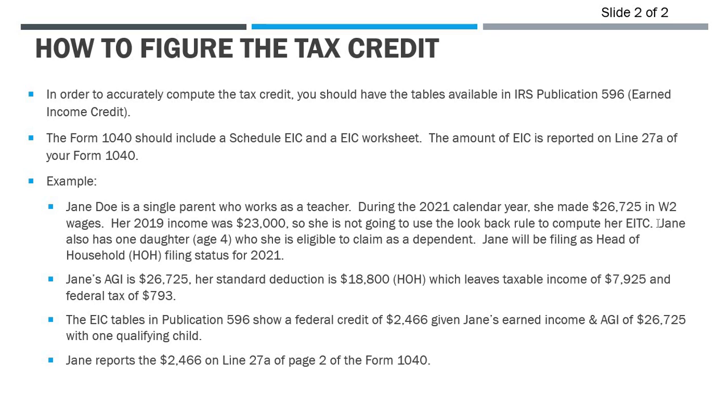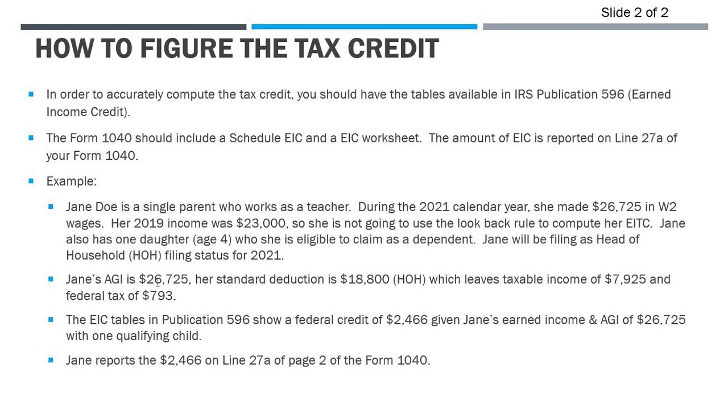Now, Jane also has one daughter, age 4, and she is going to be eligible to claim her daughter as a dependent, right? And that's relevant for the earned income credit as well, but also the child tax credit. Now, the child tax credit, I've got a separate video on that. I'll put that link below. But for this video, again, we're just focusing on the earned income tax credit.